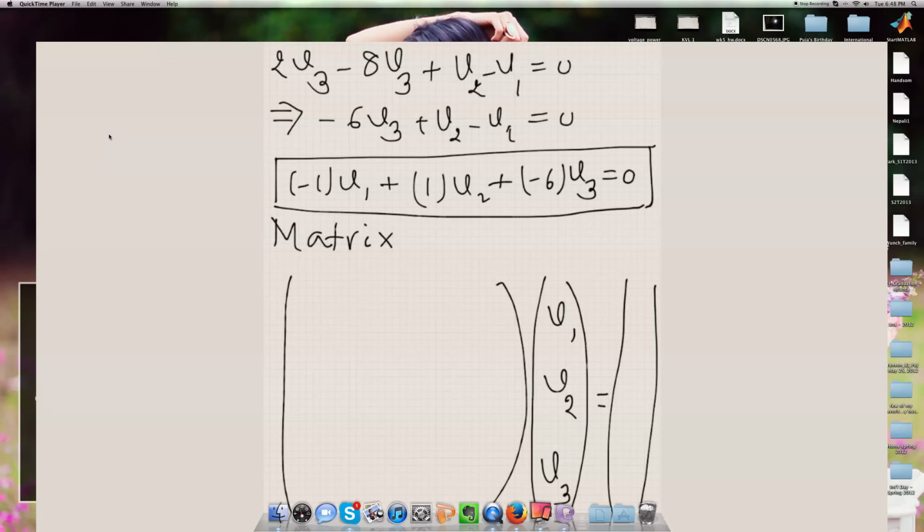On the left, we will have 1, 0, 0, giving us 10 on this side. Then minus 1, 1, minus 1, giving us 0. Finally, minus 1, 1, minus 6, giving us 0. So the matrix is complete.